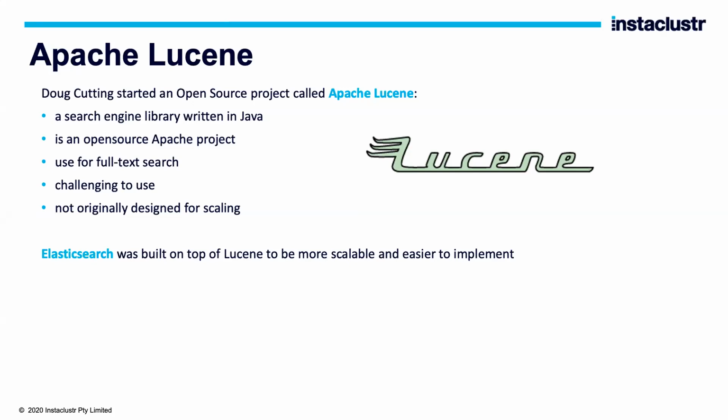One of the drawbacks, and why we don't use Lucene on its own, is that Lucene was not built with distribution or scale in mind. It's very powerful from a search perspective, but it becomes a lot more difficult if you go and deploy Lucene on its own. And that's where Elasticsearch comes in.